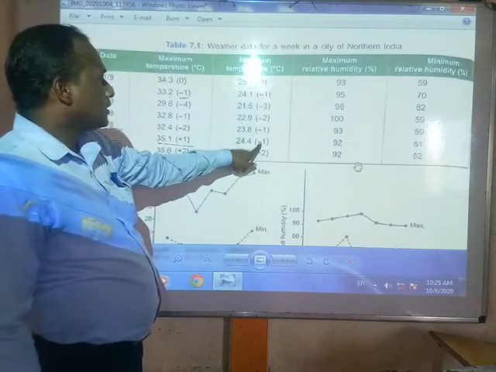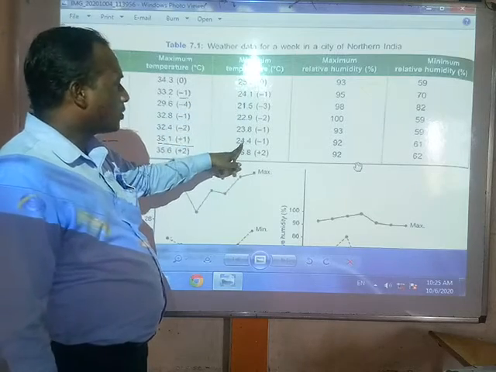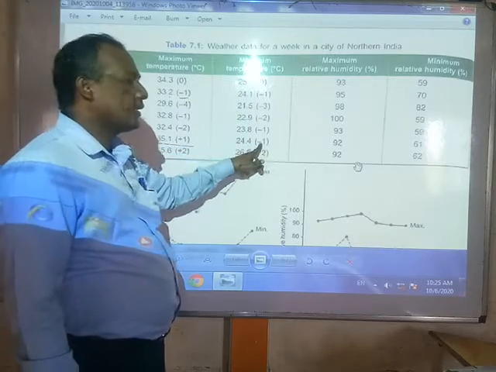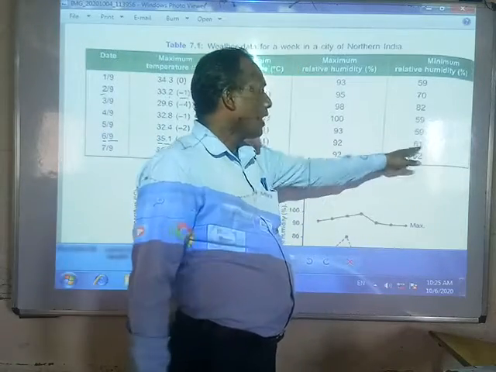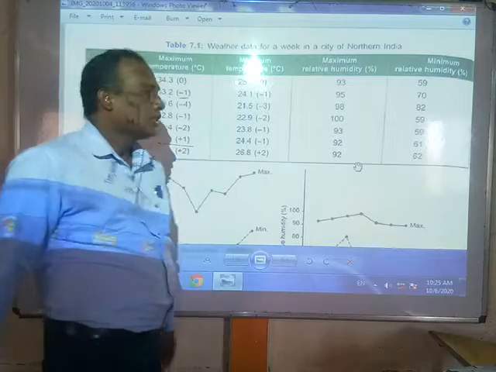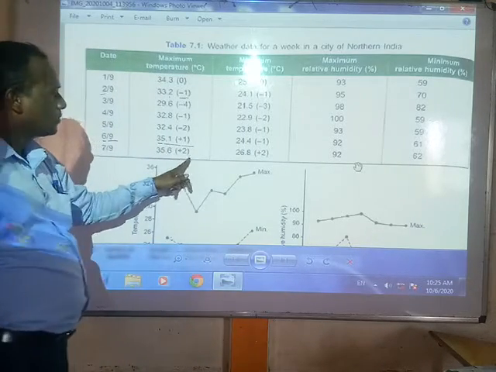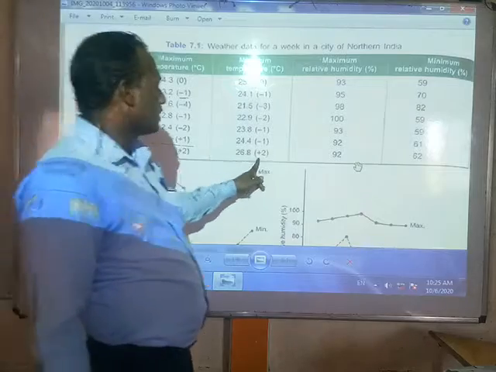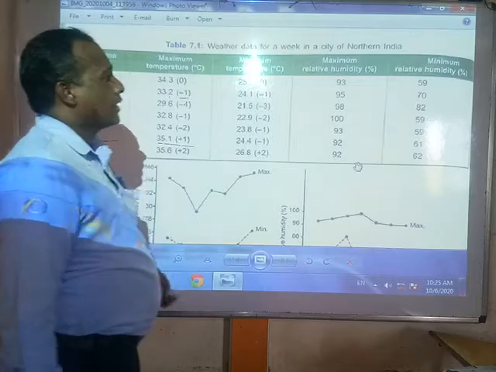And here, students, the average minimum temperature was 25, but 24 came, so 1 degree less. The relative humidity is 92 and the minimum relative humidity is 61. And the 7th date, +2 degrees increased, with 92 and 62 as the relative humidity.